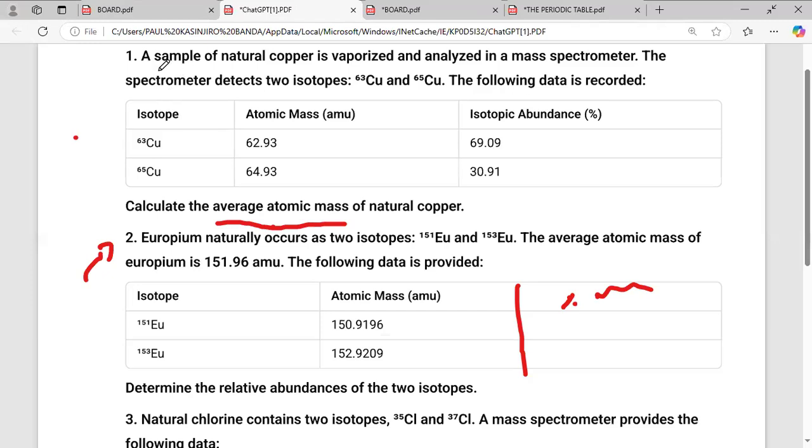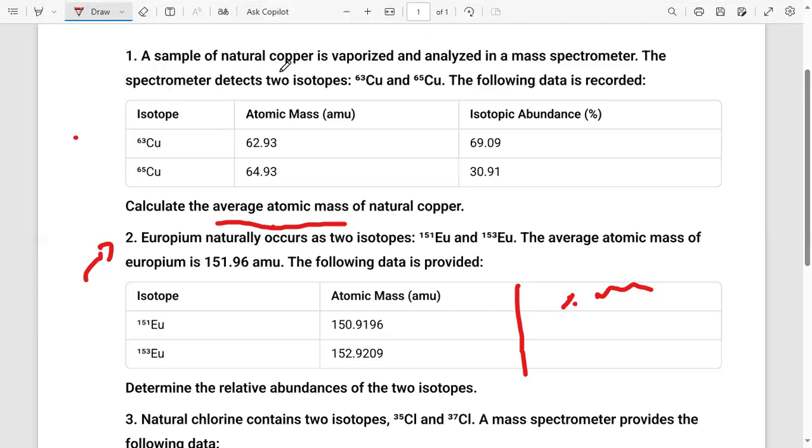So question 1, they are saying a sample of natural copper is vaporized and analyzed in a mass spectrometer. So this mass spectrometer here is just an instrument that detects the isotopes of a certain element. And then they're saying the spectrometer detects 2 isotopes, we have copper 63 and copper 65.